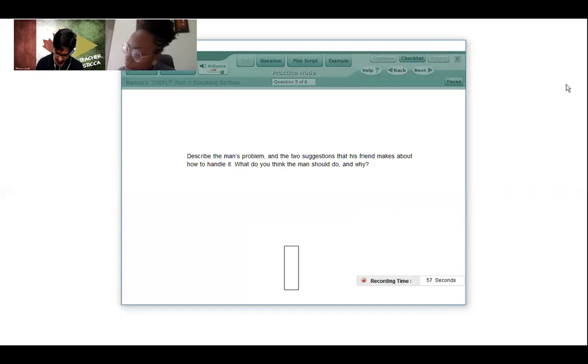The man talked with his friend about his problem at the university, and the woman presented two options for him: to belong to some organization, or to play on a sports team like soccer, volleyball, etc. And in my opinion, I think I would choose to play a sport.